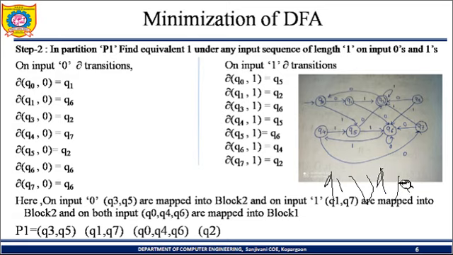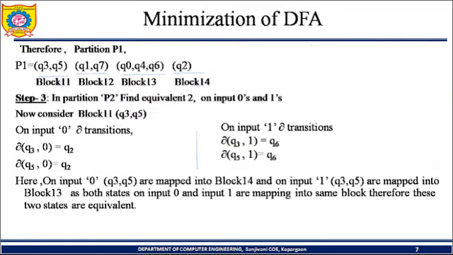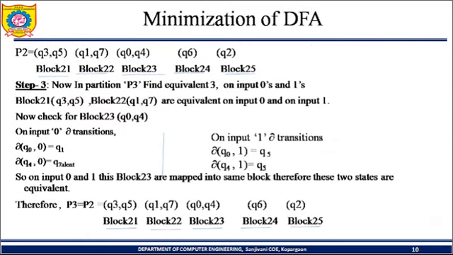If we take the union of Q1 and Q5, we get Q1 Q5. So that's why, for Q0 Q4 after reading 0, Q0 goes to Q1 and Q4 goes to Q7. If we take the union of Q1 and Q7, we get Q1 Q7.